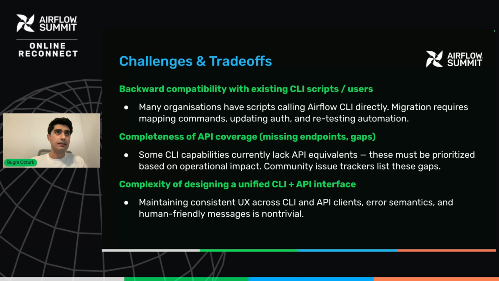One of the things is completeness of the API coverage. The API itself implements new endpoints and new features really fast, and some of the API endpoints may not be available in the first release of Airflow CTL, but we will try to reach one-to-one parity, as well as fill those gaps. This is one of the trade-offs at the moment: if you are using all those API endpoints in your automation and you want to use Airflow CTL, it will be there soon.